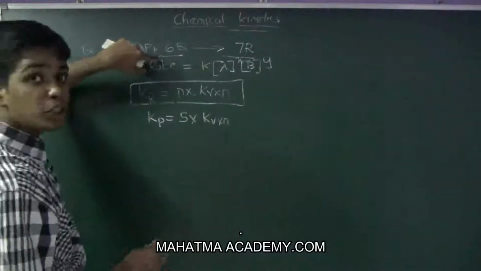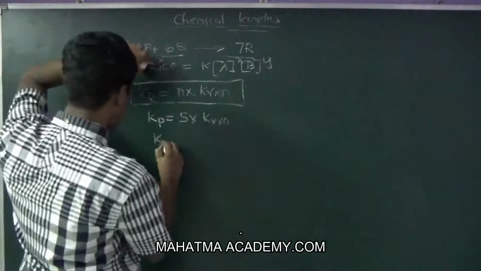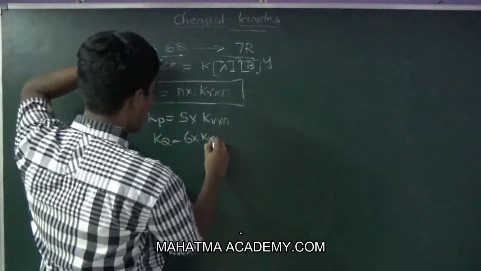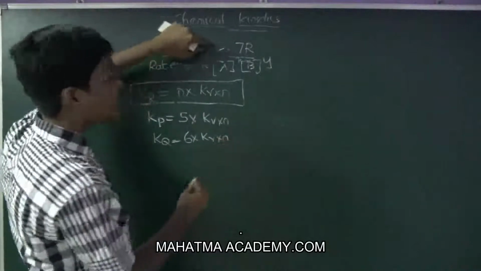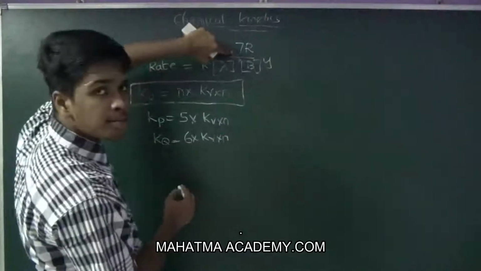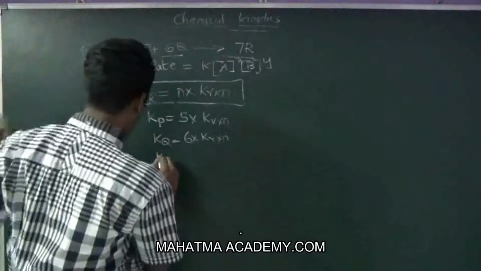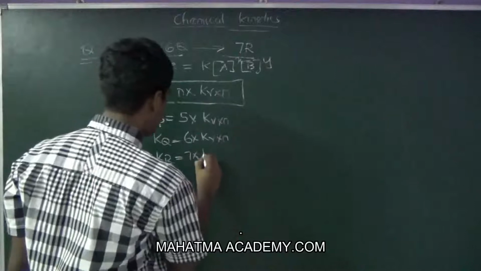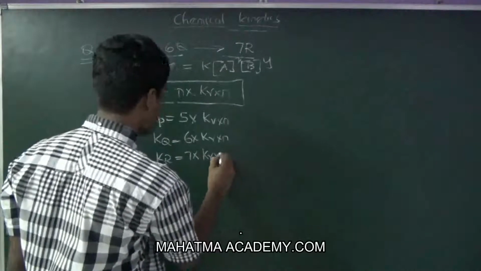Now for Q, KQ is equal to 6 into K of reaction. And for the third, K of R is equal to 7 into K of reaction.